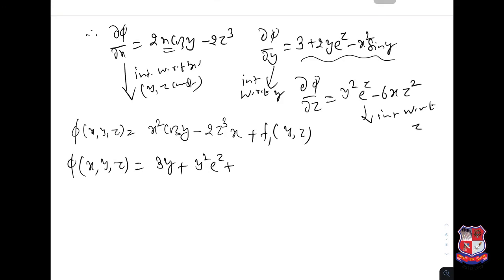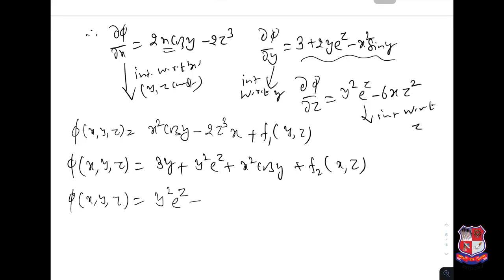So this is plus x square cosine y plus some function of x and z. And here third one, that integration with respect to z. So y square e power z, so it is y square e power z minus integration with respect to z, so it is z cube by 3, so it is minus 2x z cube and plus some function of x and y.